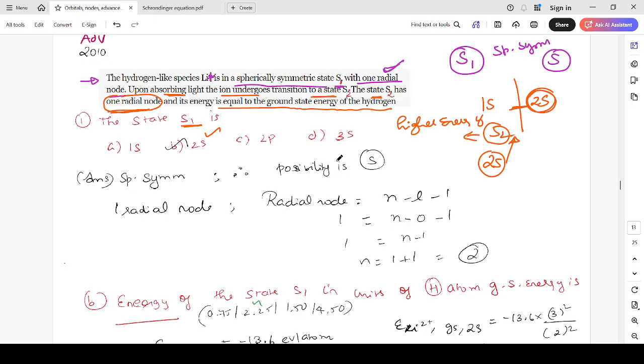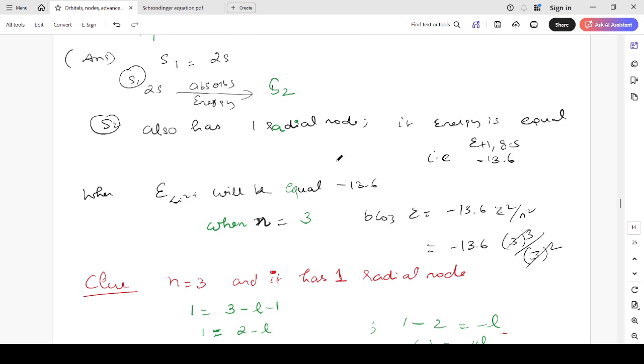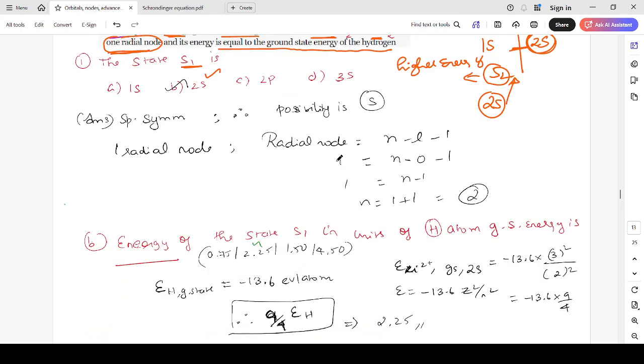So what is the ground state energy of hydrogen? Minus 13.6. You learned it in Bohr's concept: energy is minus 13.6 Z squared by n squared. For hydrogen, Z is 1 and n is 1, so it is minus 13.6. They are saying the energy of this lithium when it went to the higher energy level matches this value.